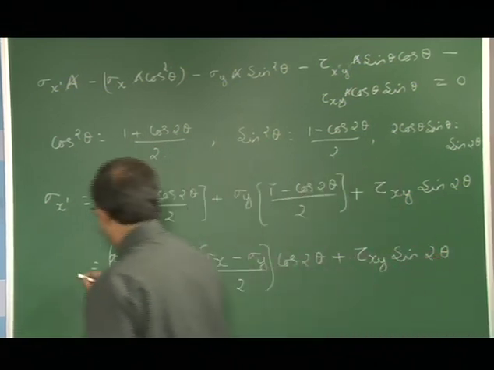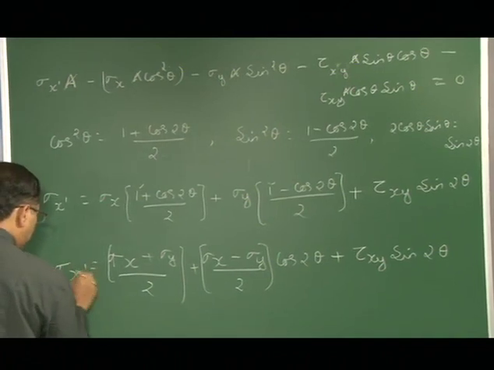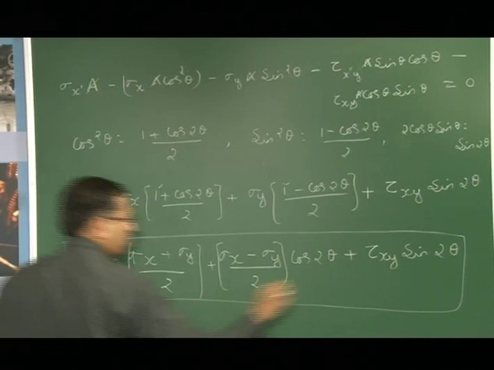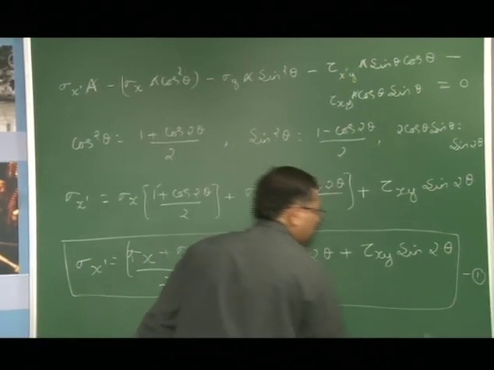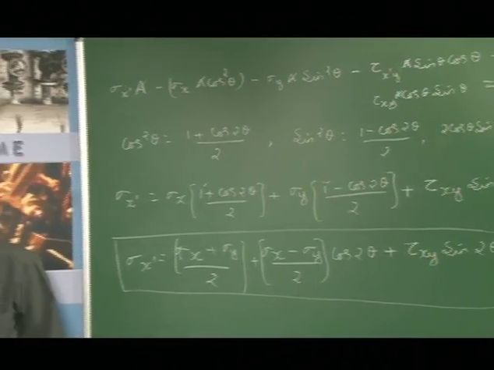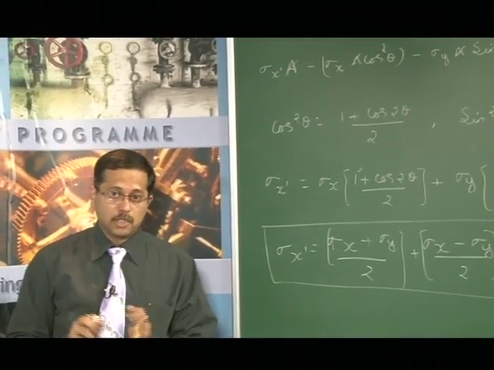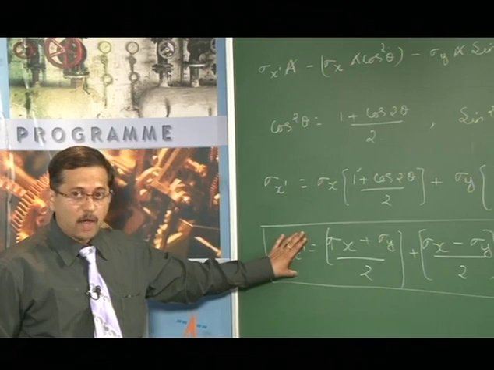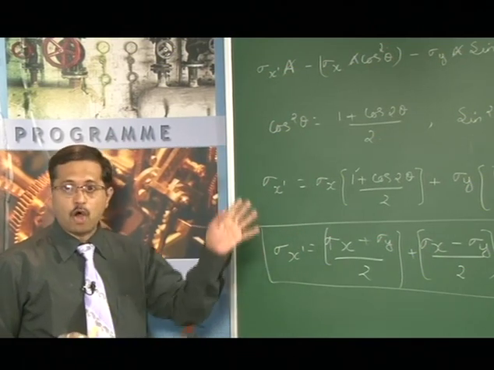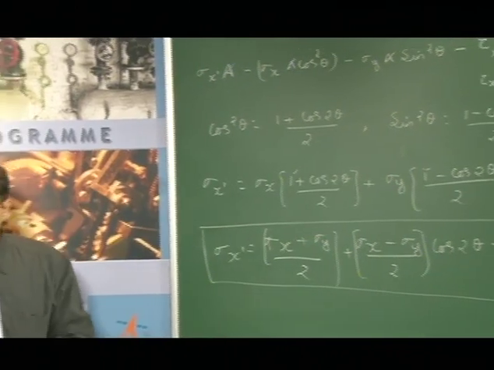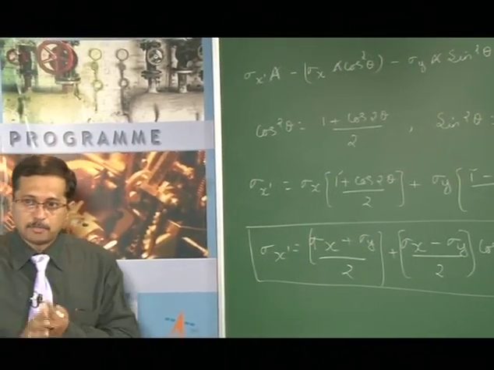Now this is the equation that we would be referring to as the normal stress equation for any plane which is inclined at an angle of theta with respect to the vertical. Please note this equation is valid for a plane or an axis which is inclined at an angle of theta with respect to the vertical, as I have explained earlier.